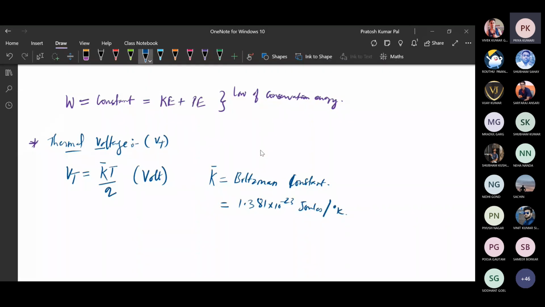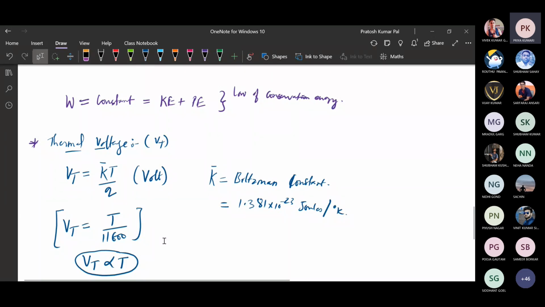Okay, so if I put the value of q and k, q is 1.6 into 10 power minus 19 coulomb, then Vt comes out to be T divided by 11,600. Okay, so this will be your relation. So we can see that Vt is directly proportional to temperature. That means if temperature is increasing, the Vt value will also be increasing.